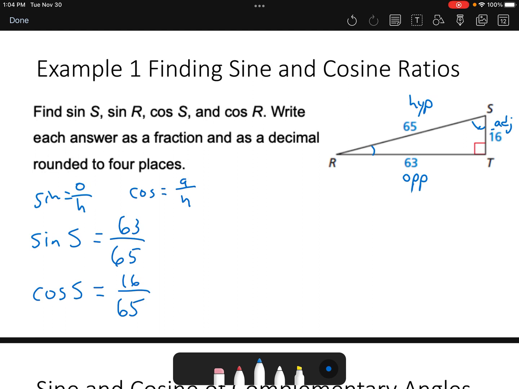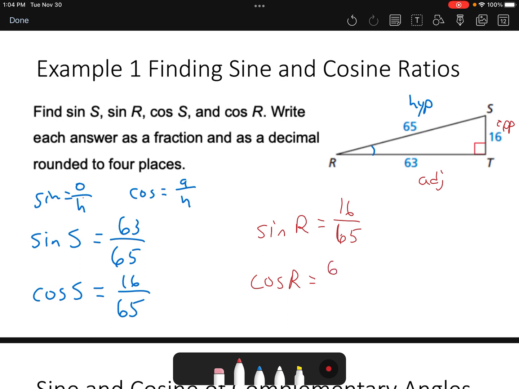Now we have to shift gears and talk about R. If we talk about R now, 16 is opposite and 63 is adjacent. So the sine of R, again opposite over hypotenuse, is 16 over 65.